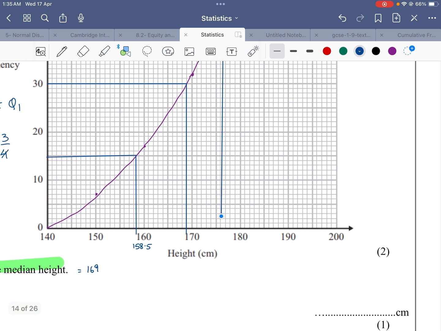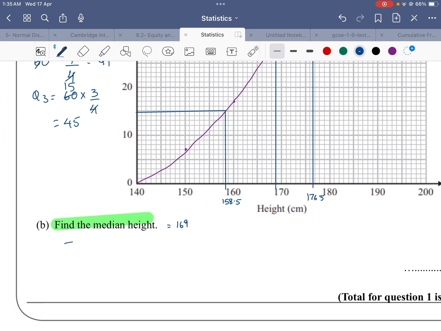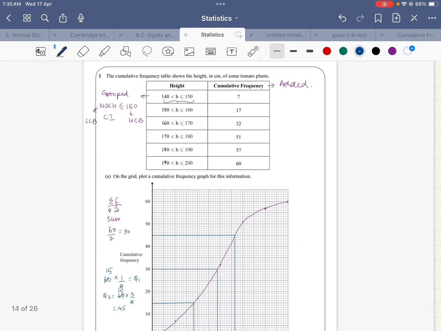Okay, this is the corresponding height. So this height is almost 176.5. So here the interquartile range, if they ask you for it, will be 176.5 minus 158.5, whatever is the answer.